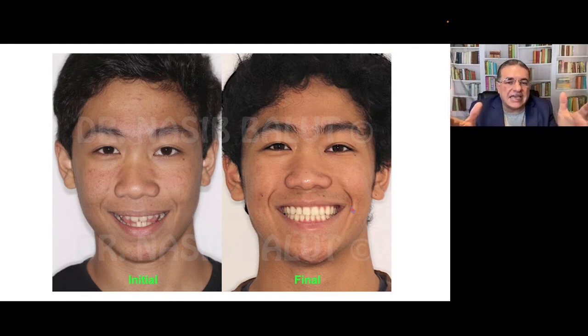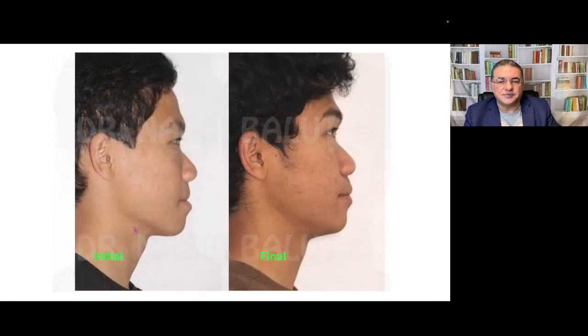So in this case, I didn't want a lot of arch development. I was able to extrude the upper anteriors to improve the smile arc and the smile height. And also we intruded the over-extrusion that the patient had on the lower anteriors.